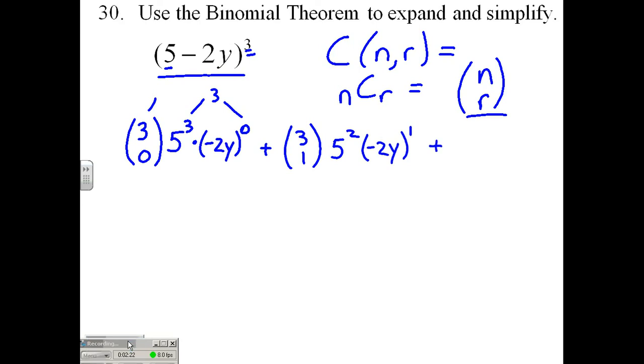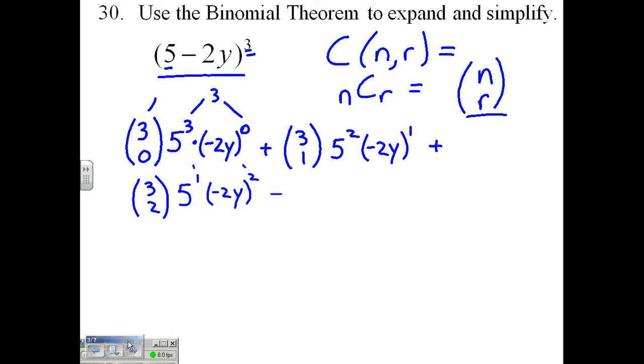So our following term would be combination 3, 2. Decrease our 5's, 5 to the first, increase our negative 2y's. Negative 2y to the second. Notice again, our exponents still add up to our 3.